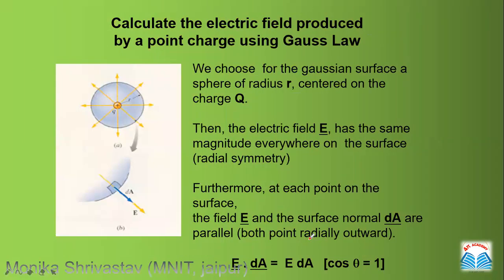Okay, so now we have to calculate the electric field produced by a point charge using Gauss law. So here is a point charge plus Q. And you know that for a positive charge, the electric field lines usually come out of that charge. So for an infinitesimal area dA, we will calculate that electric field as we were doing earlier.